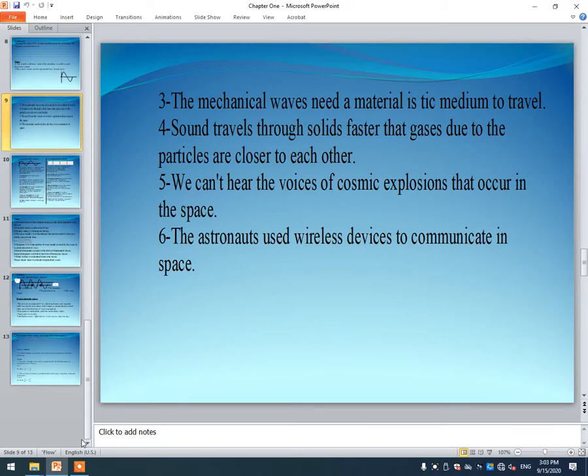Try to tap with your finger on your desk and hear the sound in air, and try to put your ear on the surface of your desk. Try to listen to the sound. What do you think? Which is stronger? Which has more strength?